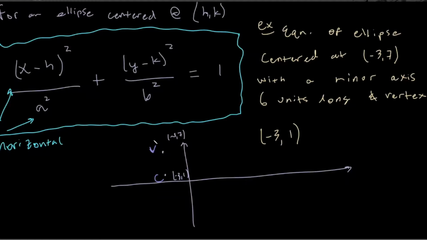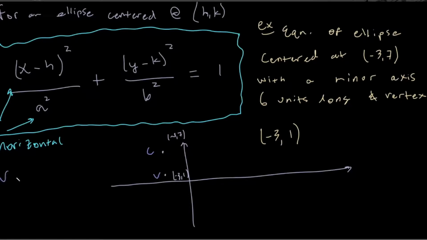So does the vertex have to do with A or B? Well, the vertex has to do with -3, 1. Oh, thank you. I have it backwards, don't I?